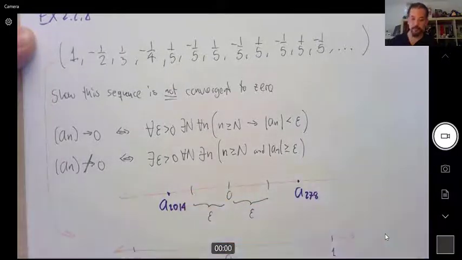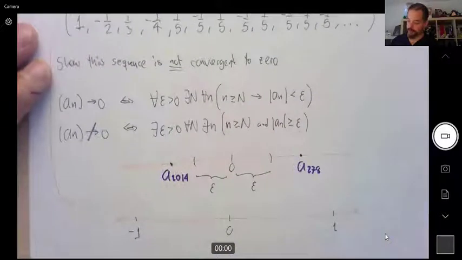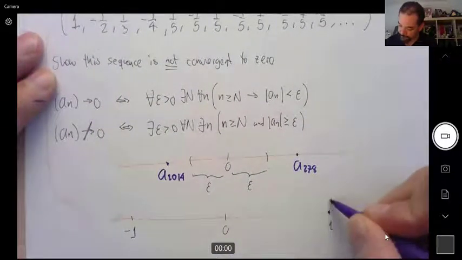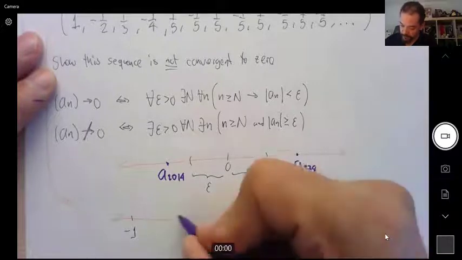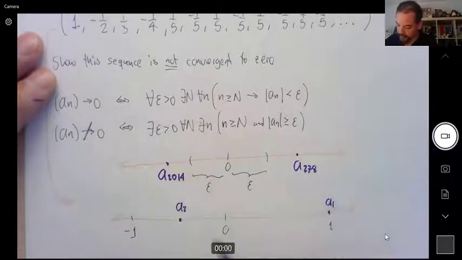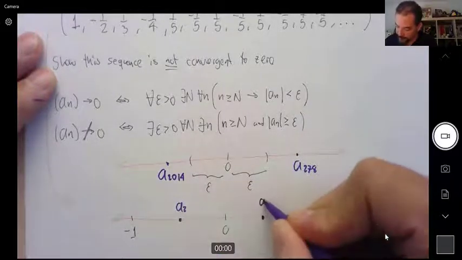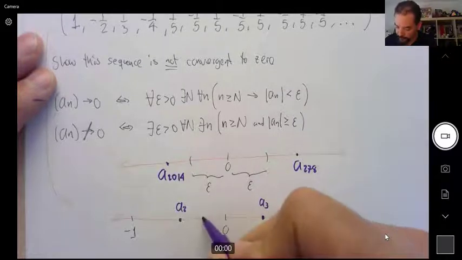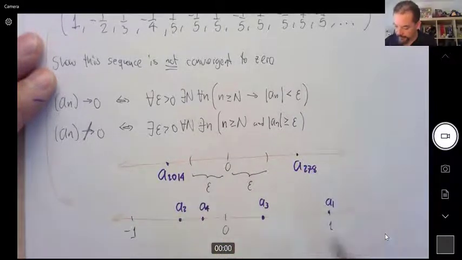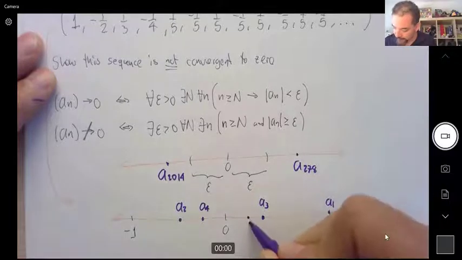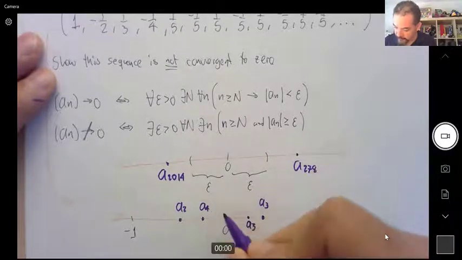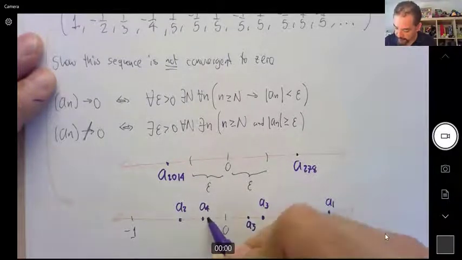This is how the sequence goes. A1 is here, then A2 is here, then A3, then A4, and then A5, and then A6 is -1/5.